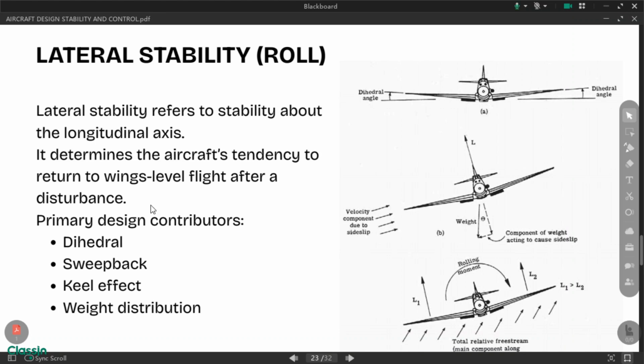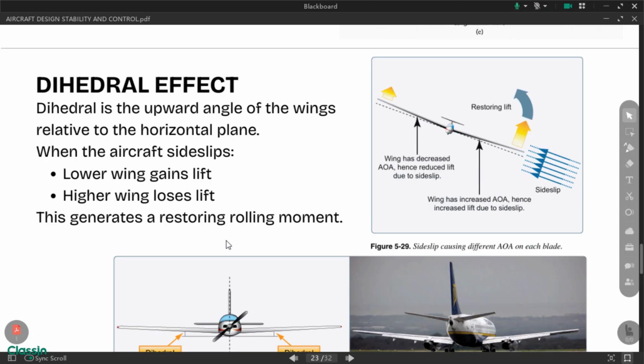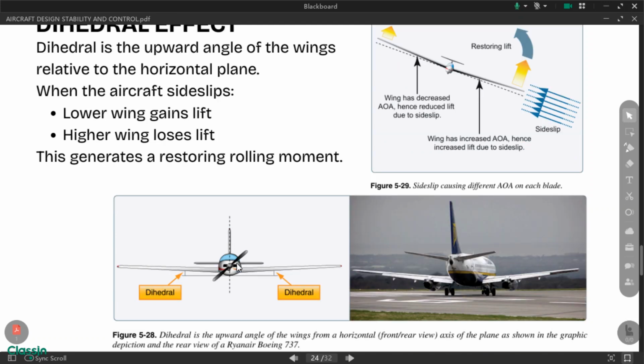Okay? So, let's go over one, dihedral. So, the dihedral effect or the dihedral of the aircraft or the wing rather, is probably one of the most recognizable contributors to lateral stability. No? Yung dihedral natin refers to the upward inclination ng wings natin relative to the horizontal plane.